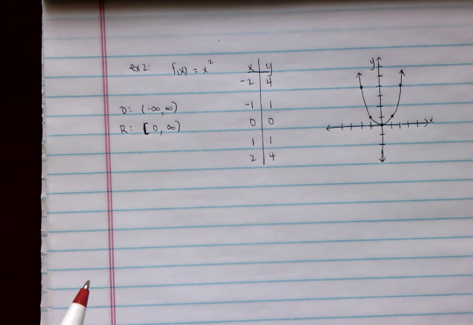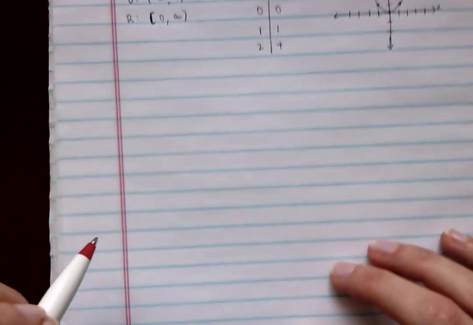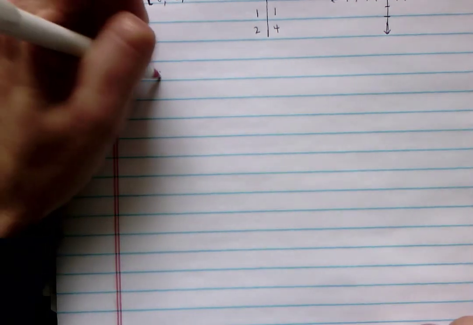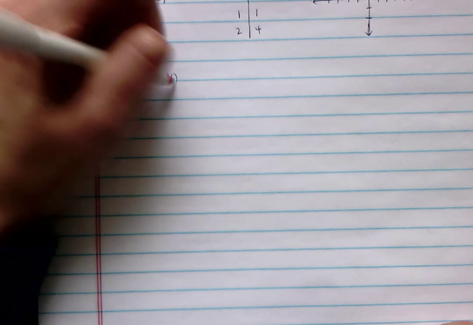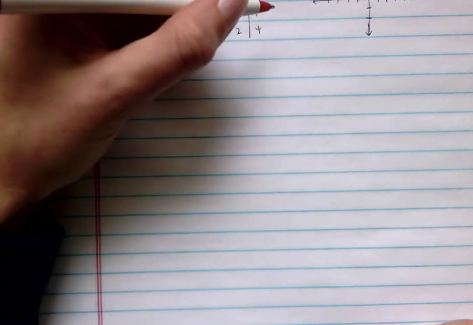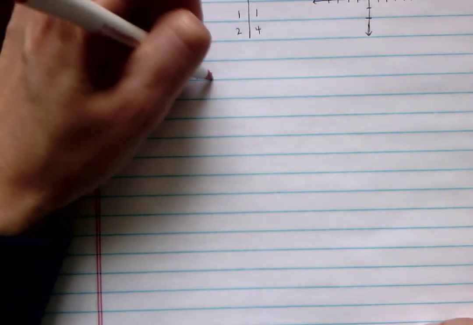And then the final one here that I'm going to do on this particular video is example 3. This one is pretty similar to this, except it's shifted. We talked about transformations back in chapter 9. I shouldn't say back in chapter 9, this is chapter 8, but we did chapter 9 before this. So we want to graph this function g of x equals 4 minus x squared.